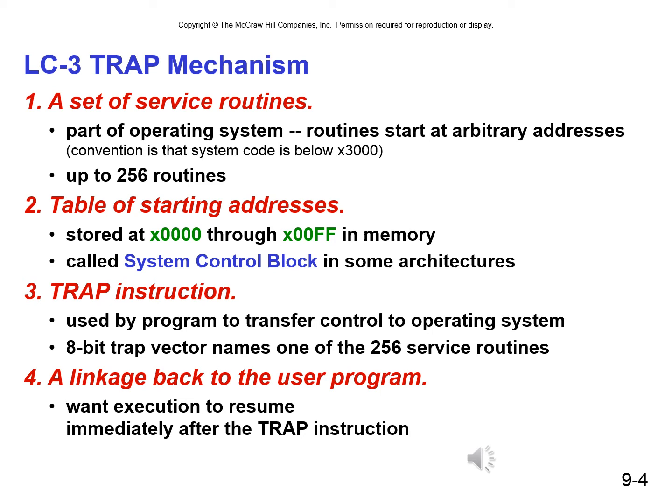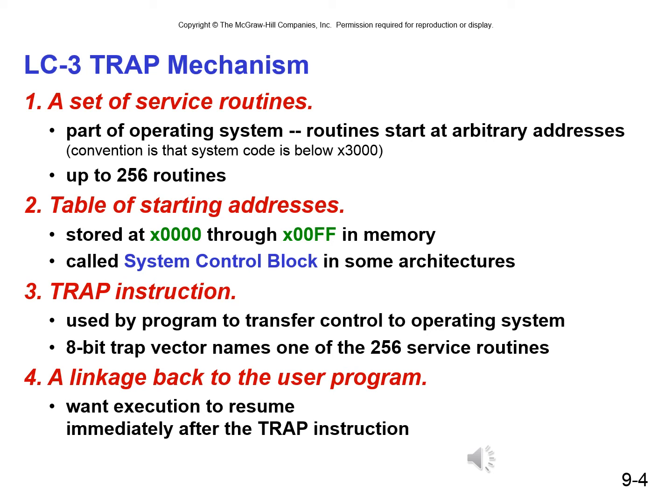So hex 25 is an 8-bit trap vector address. So once we get to the list of starting addresses in the system control block, aka the trap vector table, we go to that address in the operating system.